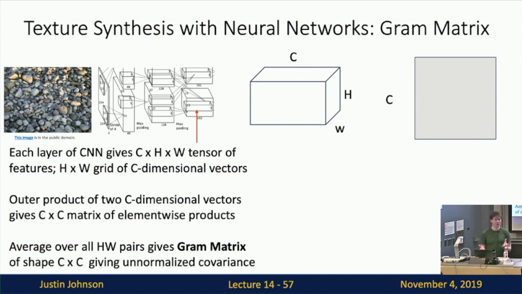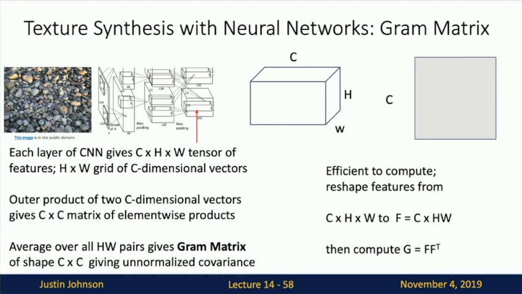But what information is being captured in this gram matrix is which pairs of these C filters in the layer tend to activate together, or tend to activate not together. So this gram matrix tells us which features are correlated with each other in the input image. And by the way, we can efficiently compute this gram matrix using some reshaping and matrix multiplication.